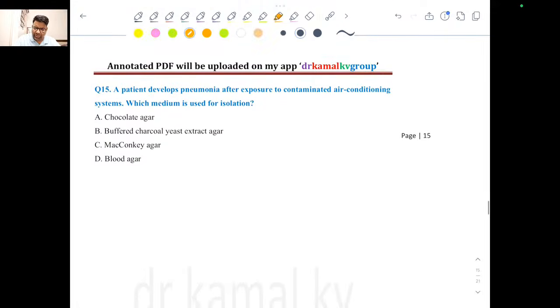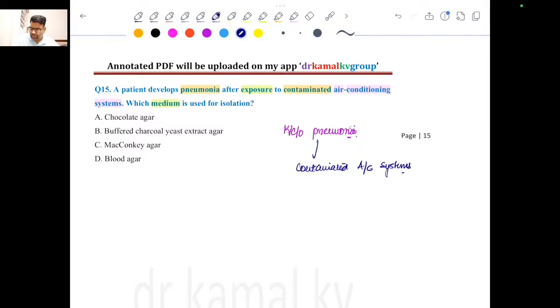Now next question, a patient develops pneumonia after exposure to contaminated air conditioning systems. Now which medium is used for isolation of the organism? So here the patient is a known case of pneumonia, and this is especially after exposure to contaminated air conditioning systems.